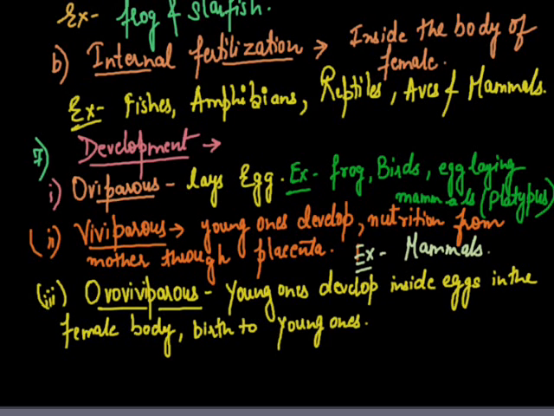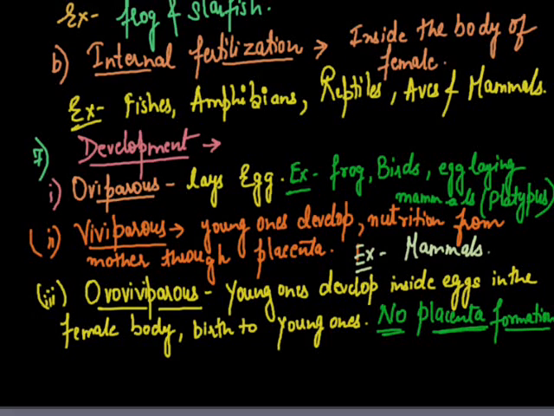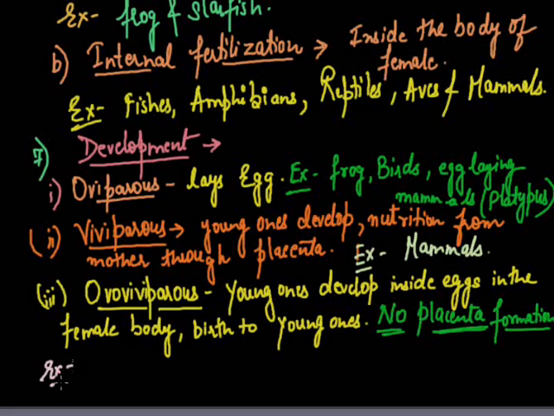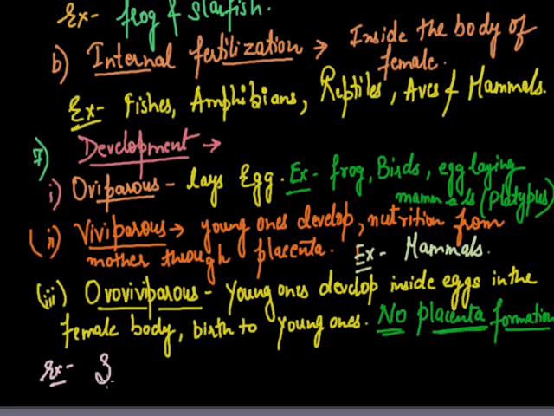But there is no placenta formation. This is important: in ovoviviparous, no true placenta is formed. The example of this is shark.